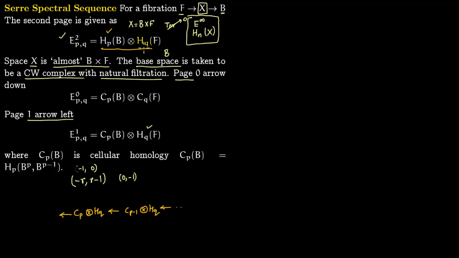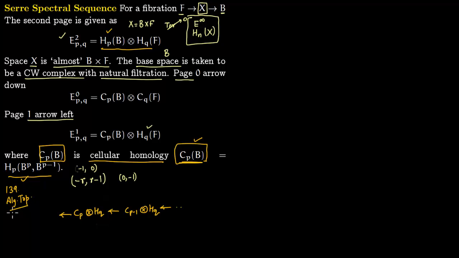To see the exact proof, you have to see spectral sequences by Hatcher. This C_P of B, because B is a CW complex, has cellular homology, and we know that this pth part is actually nothing but a homology group, H_P(B^P, B^(P minus 1)). This is given again in Hatcher, on page 139 of Hatcher's Algebraic Topology.